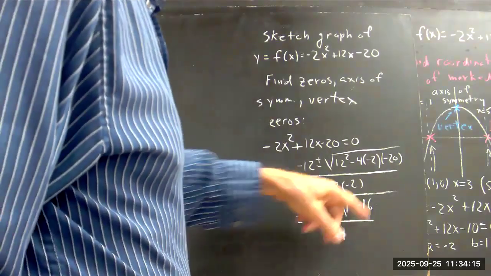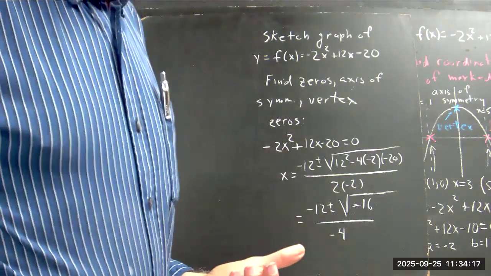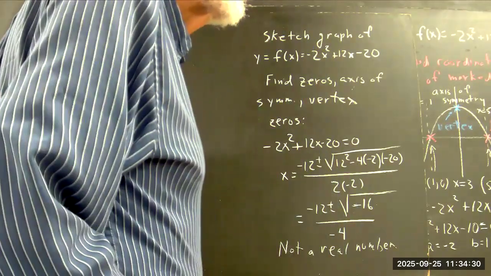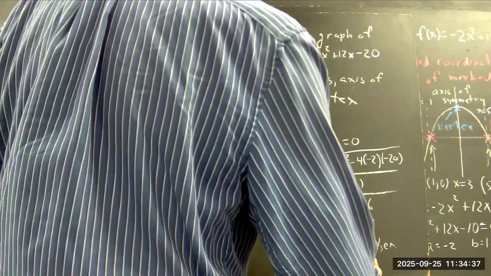And the problem with that is the square root of negative 16 is not a real number. Since it's not a real number, there's no x-intercept.